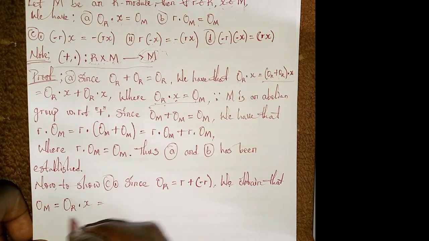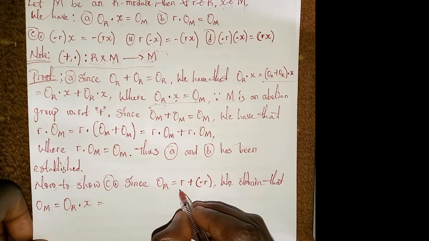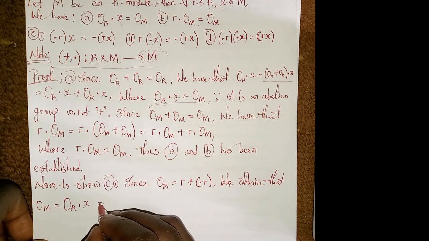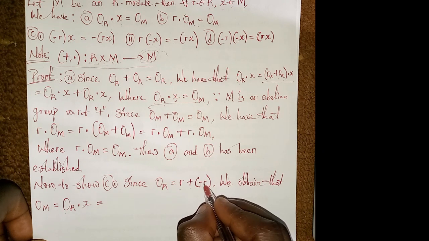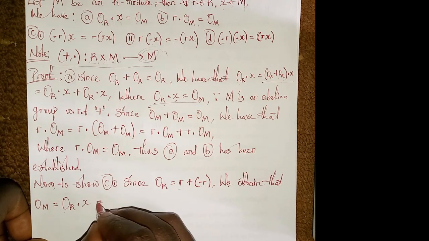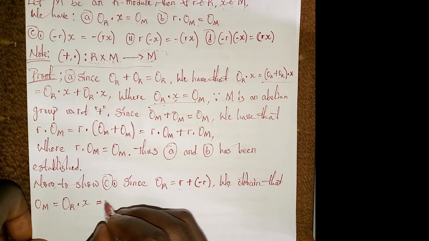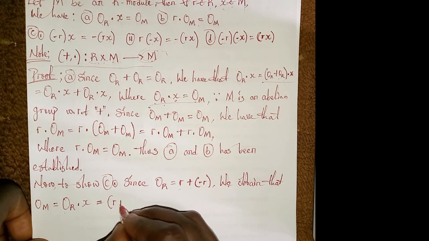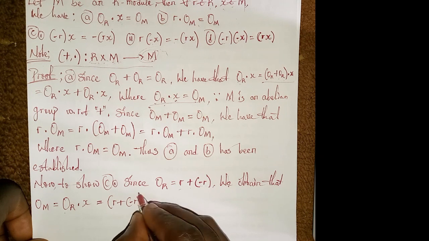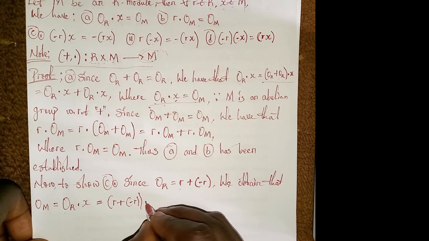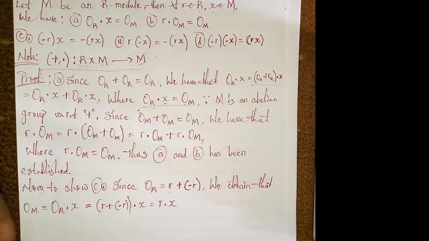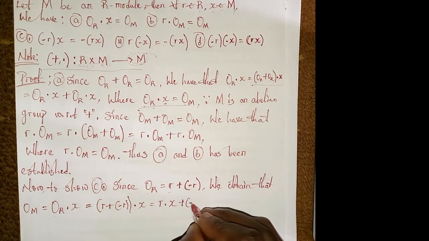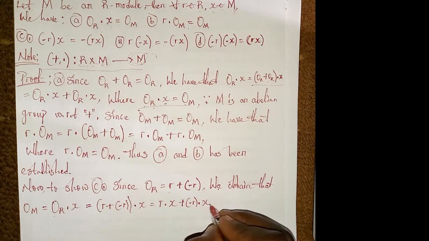Now we have that since the zero module of R is equal to R plus negative R, which is acting as the identity of an inverse element, now we have that R plus negative R multiplied by X is equal to R multiplied by X plus negative R multiplied by X.